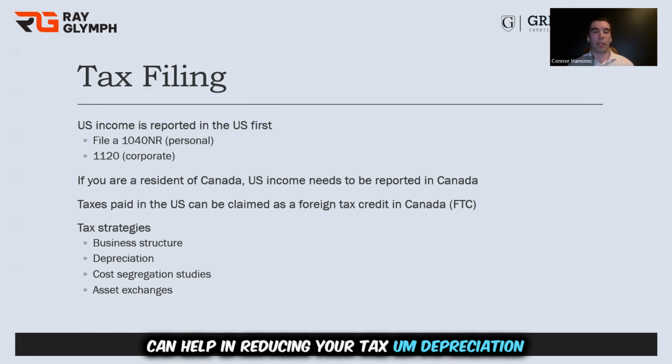Depreciation is a strategy that can be used to reduce your tax liability. We're essentially claiming the cost of the building as an expense over the life of the building. In the US, they have a very good option called a cost segregation study.